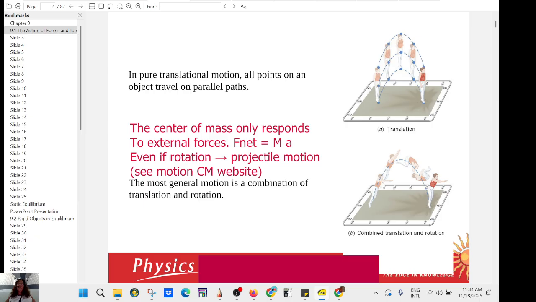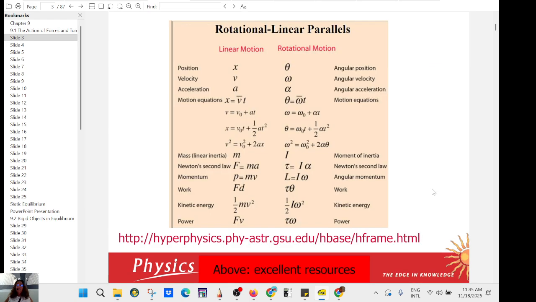The center of mass doesn't care what you are doing, right? It only responds to external forces, so only to gravity. So the center of mass will follow projectile motion. Anyway, I'm going to do that in a nutshell. Rotational and linear, I'm going to compare them together.